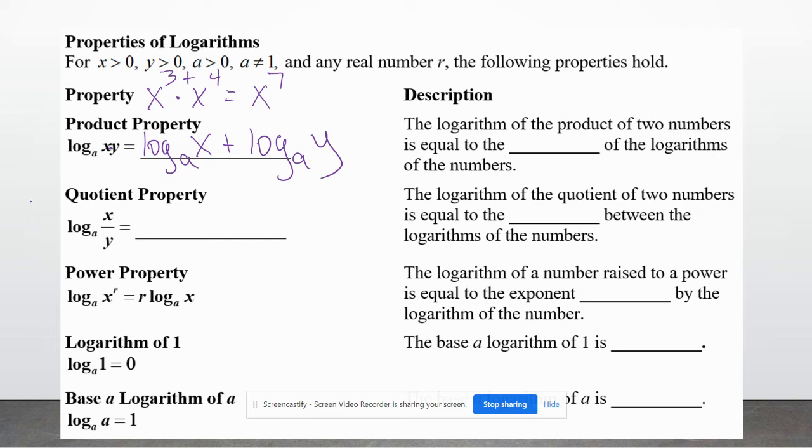The quotient property, if I had x to the 7th over x to the 5th, exponent rules say we would do x to the 7 minus 5. We would subtract. So the quotient property for logs, we rewrite this as subtraction.